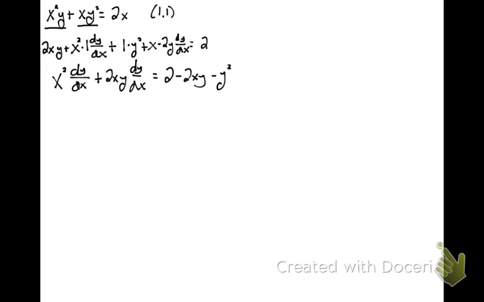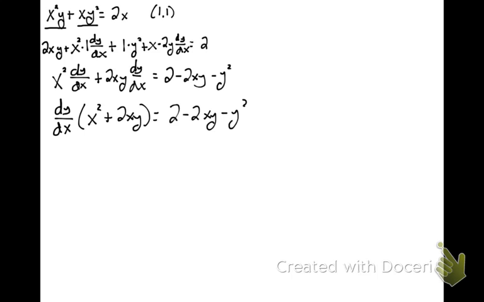When I factor dy/dx out, I'm left with dy/dx times (x squared plus 2xy) equals 2 minus 2xy minus y squared.